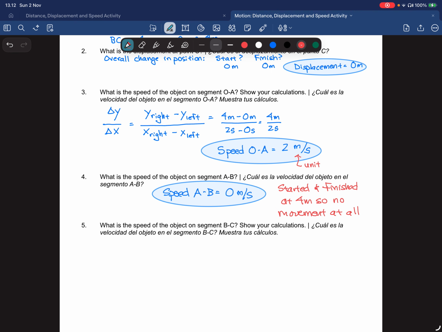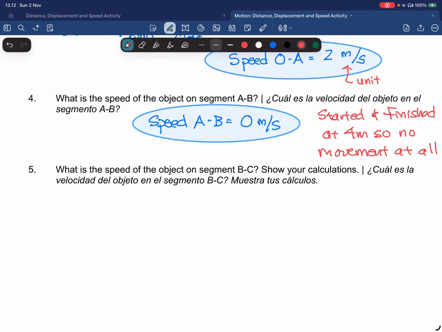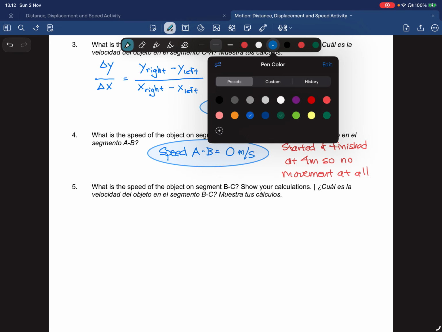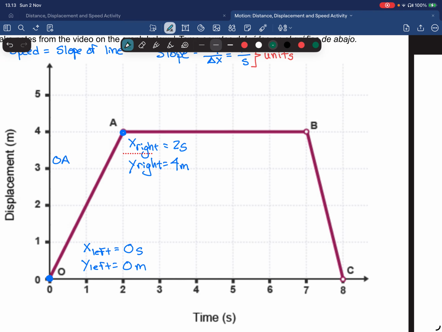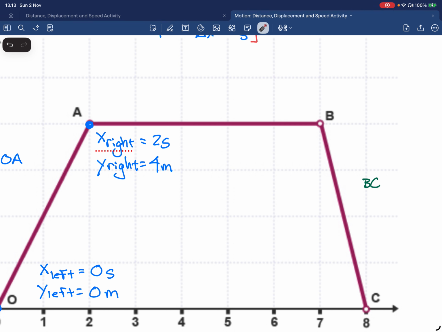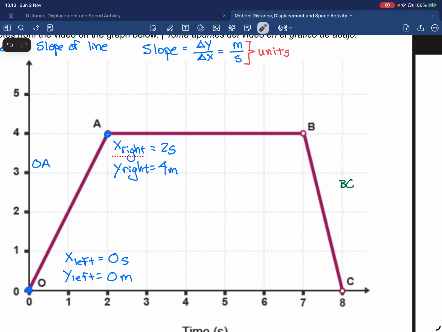Finally, what is the speed of the object on segment BC? So let's switch colors here so that we don't get confused. All right, so segment BC is here. Now, notice we're going down this time, okay? And that's going to show up in our calculations.